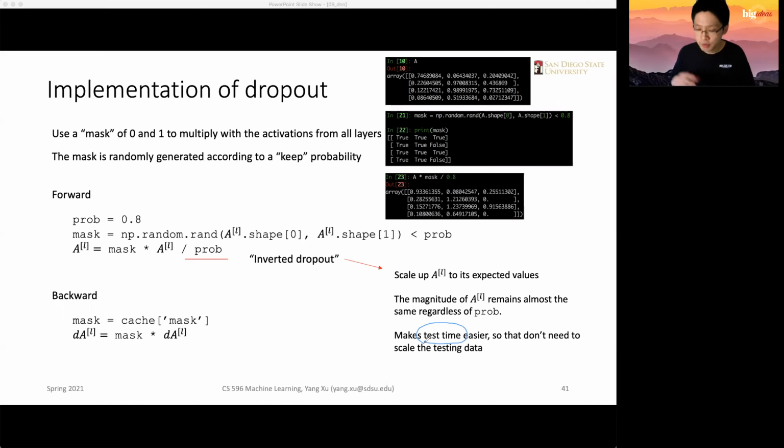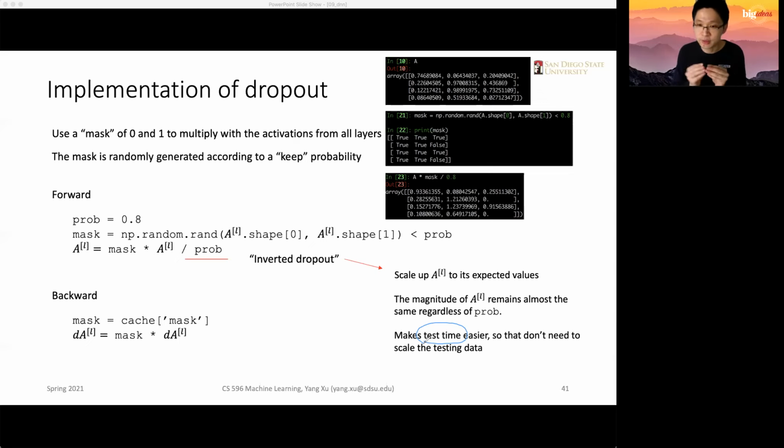When we test the model, we don't randomly select units and drop them out, because every neuron in the trained model contains useful information.